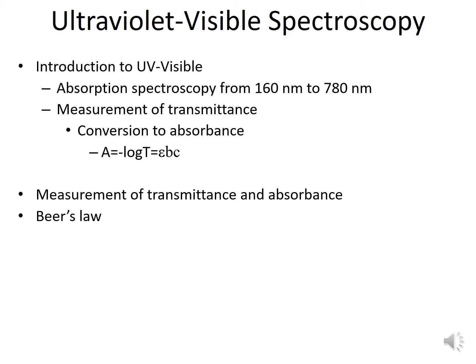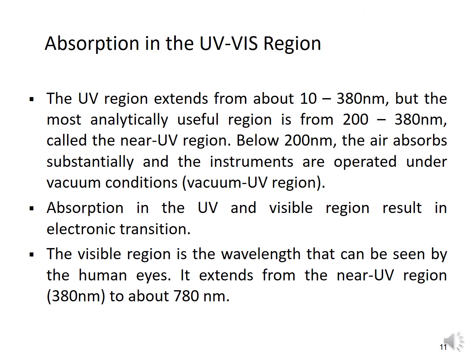In this subtopic, you will also learn about Beer's law and the instrumentation. When we talk about the UV-Vis region, it basically absorbs in the range from about 10 to 300 nanometers, but the most analytically useful region is from 200 to 380 nanometers.